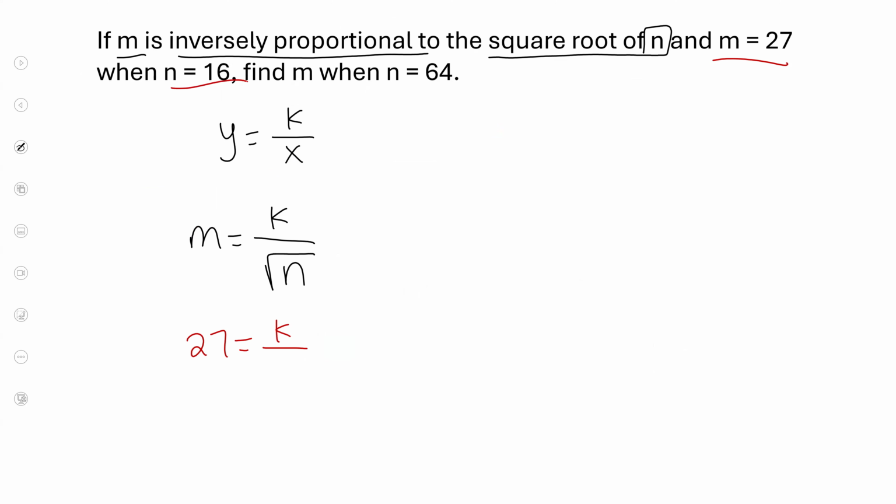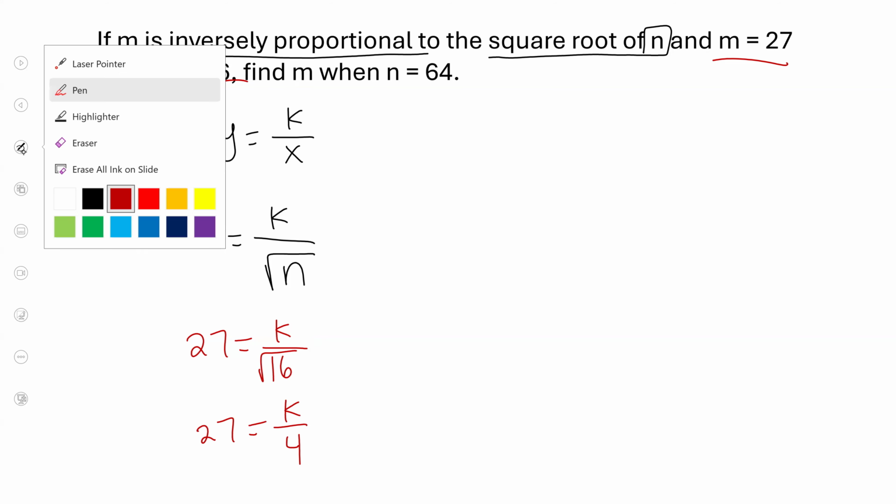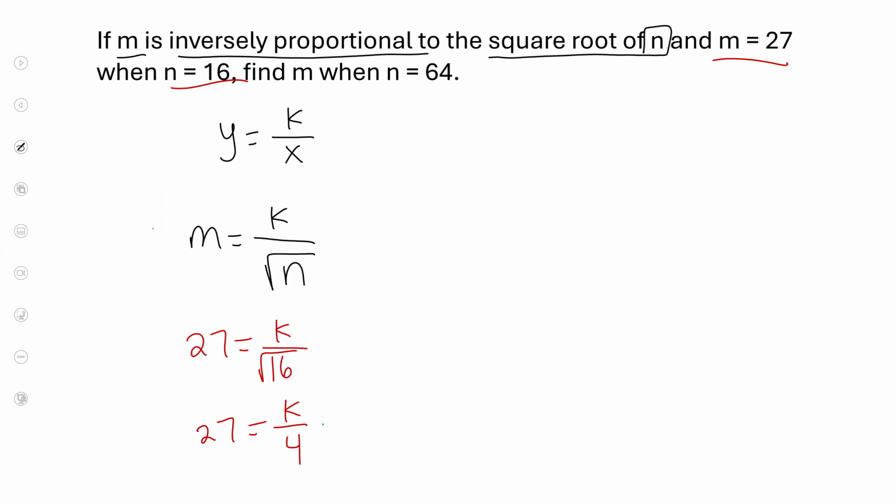N is 16. Well, the square root of 16 is just 4. Now let's solve for K. Multiply by 4. That cancels. So 4 times 27 is 108. So K is equal to 108.